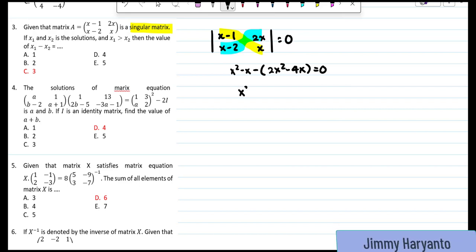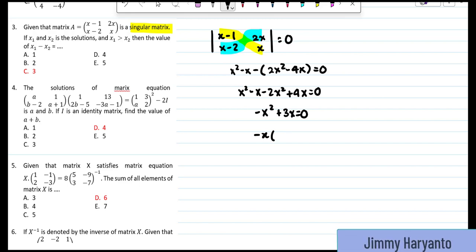And then you will have x squared minus x minus 2x squared plus 4x equals 0. And then you will have negative x squared plus 3x equals 0. And then you will factorize the negative x. Negative x goes out. It will be x minus 3 for the remaining.